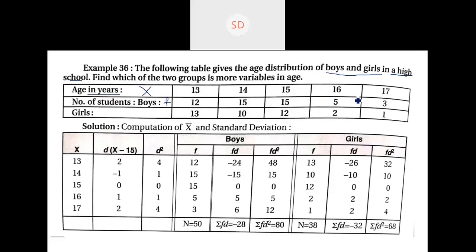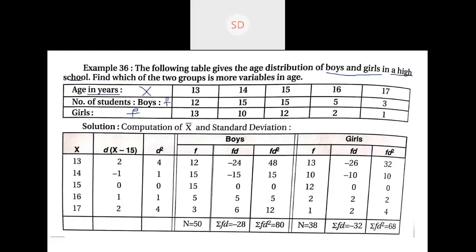This is one set of frequencies for the age. Another set of frequencies is the number of girls of a particular age. So this is why it is called discrete data. You have x as well as frequency. Now you have two frequencies here. Usually in a discrete series we will have one frequency, but we have two frequencies here. So we will have to be careful while solving the problem.